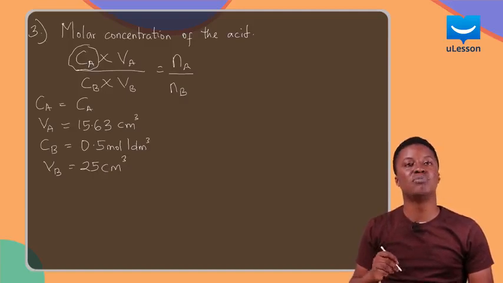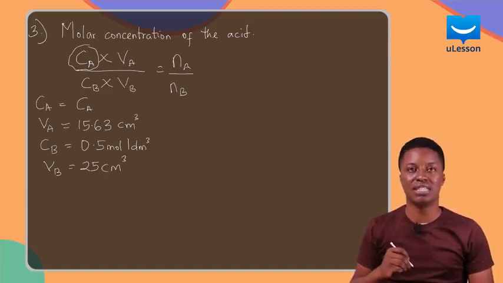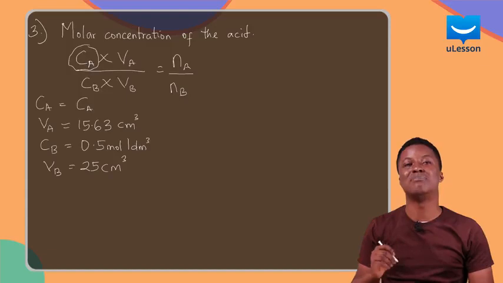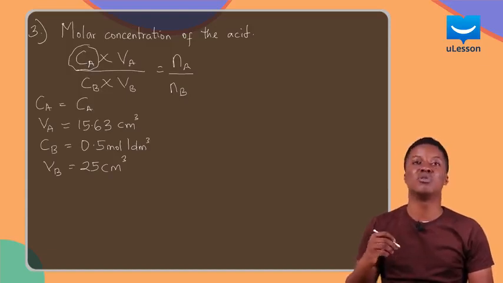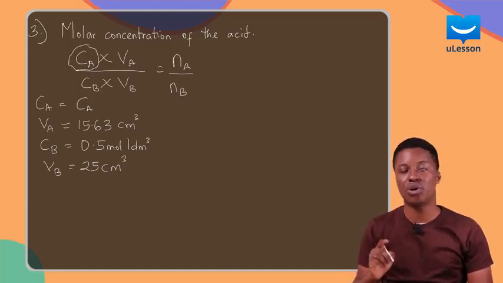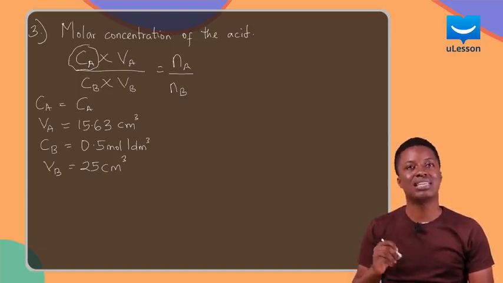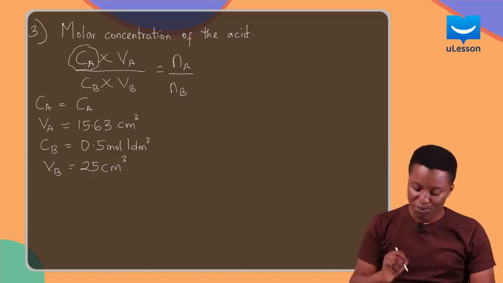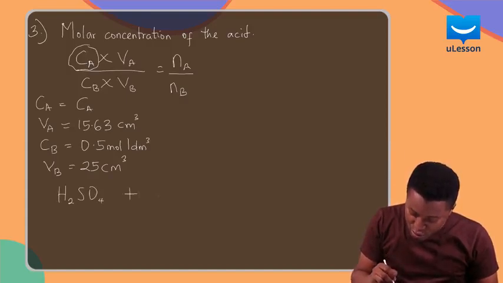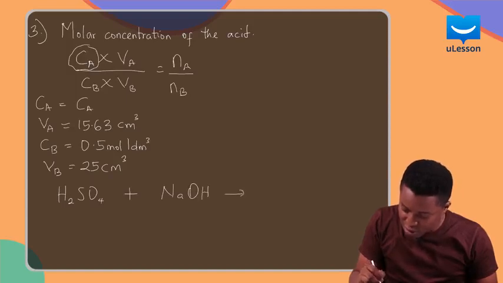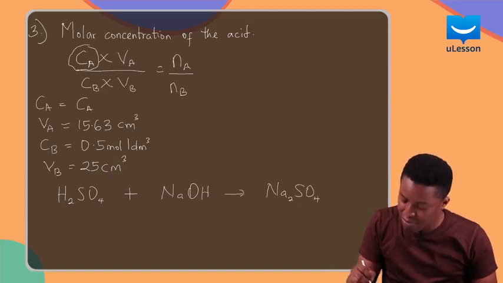Then, for the number of moles of the acid and base respectively, all we have to do is to write down the balanced equation of this reaction. The balanced equation will tell us the number of moles of the acid, H2SO4, that reacts with the base, sodium hydroxide. So, the balanced equation: H2SO4 plus sodium hydroxide should give us sodium tetraoxosulfate 6 plus water.